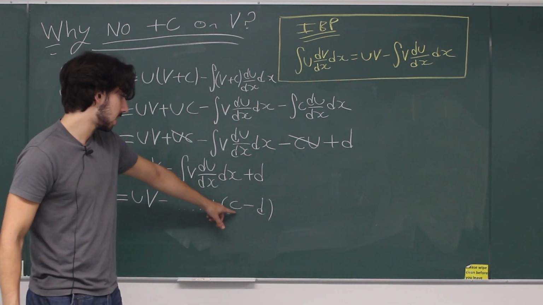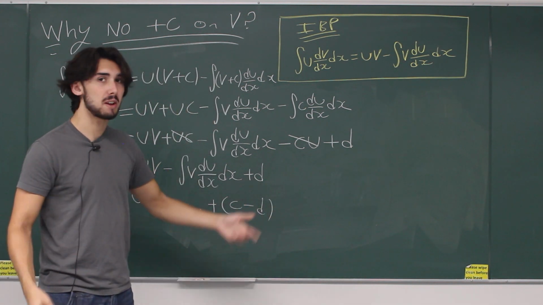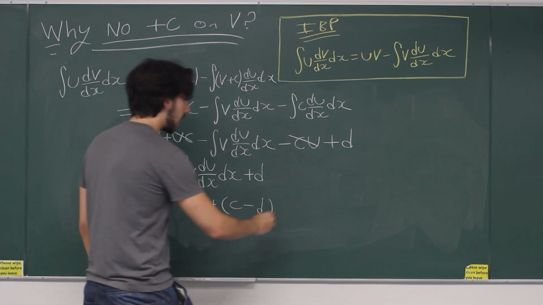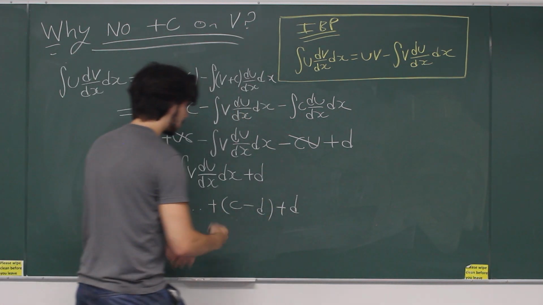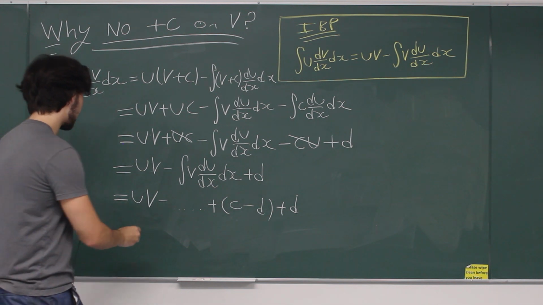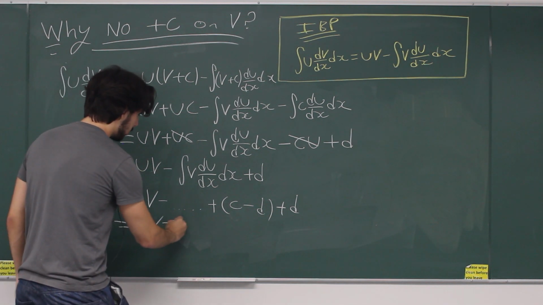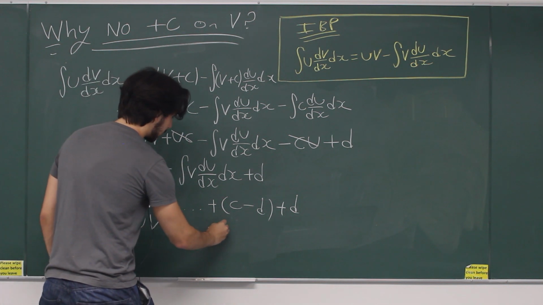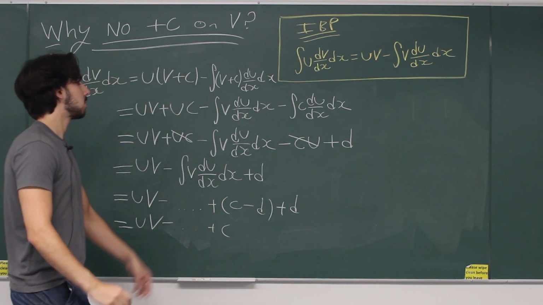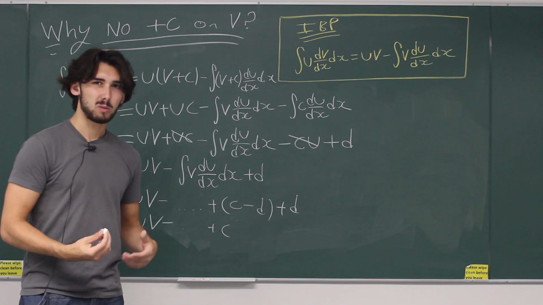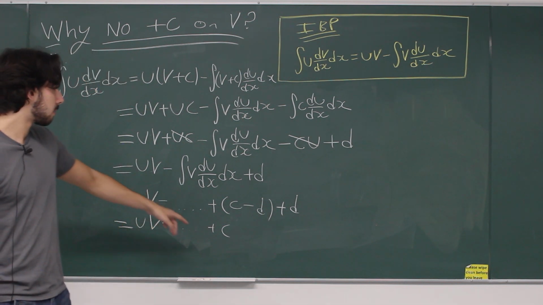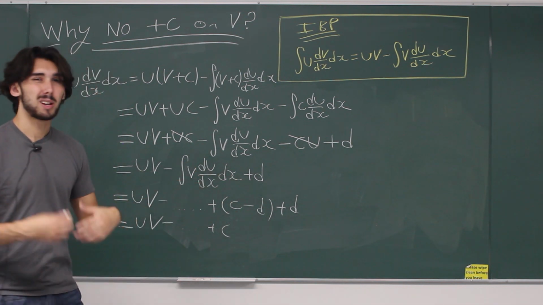I'll just choose what c is so that I can have c minus d right there. It doesn't matter. And then I'm just adding d on the end, right? And so there's ways in which you can think of it as having the exact same arbitrary constant or, you know, equivalent. So you have uv minus a bunch of stuff plus c again. Don't worry too much about this end bit if you're not really happy with that. But the point is you have a plus d there. You do this, you have a plus c.